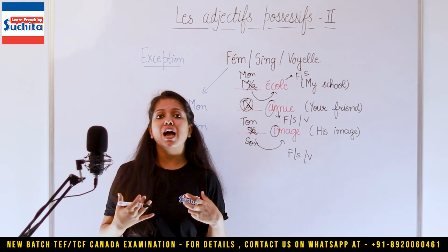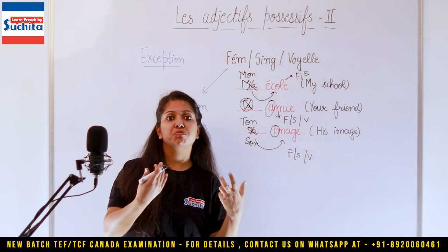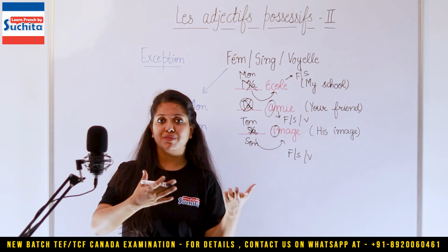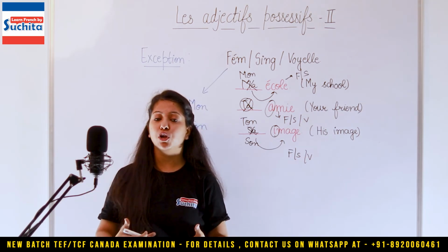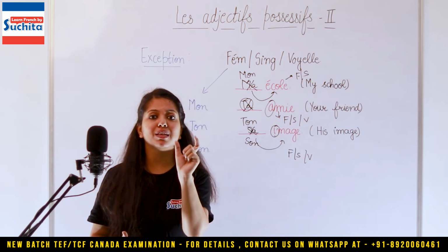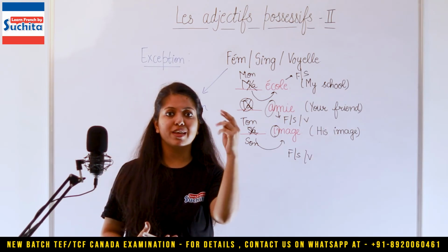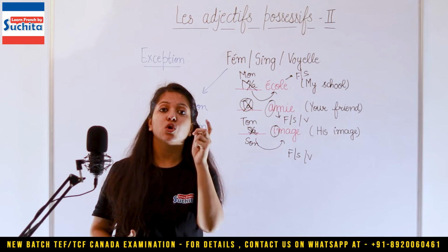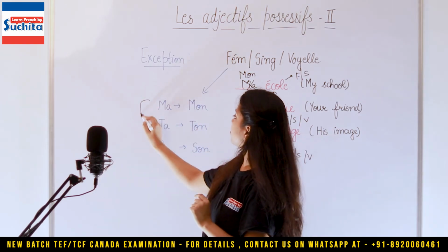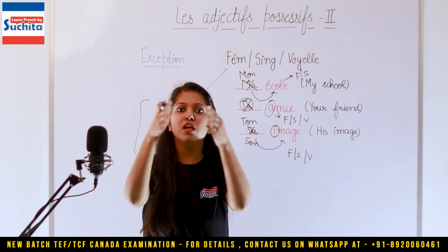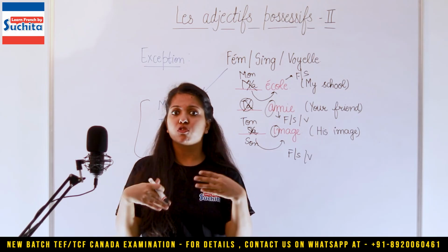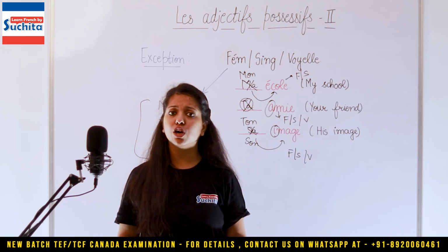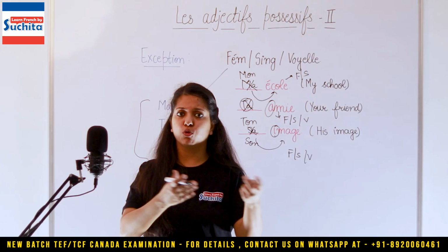Next, if you want to say our, your, or their, that means notre or votre or leur. If you see the table, there is no difference there. You say notre, votre, leur. The only difference comes in mon, ma, ton, ta, son, sa. So for notre, votre and leur, it doesn't really matter because both of them are the same.